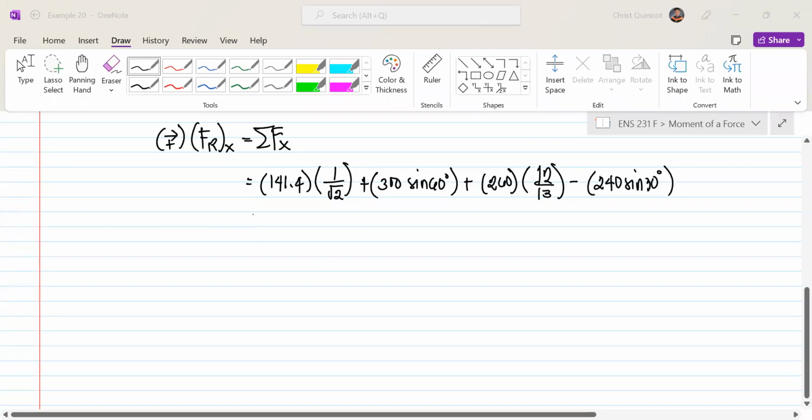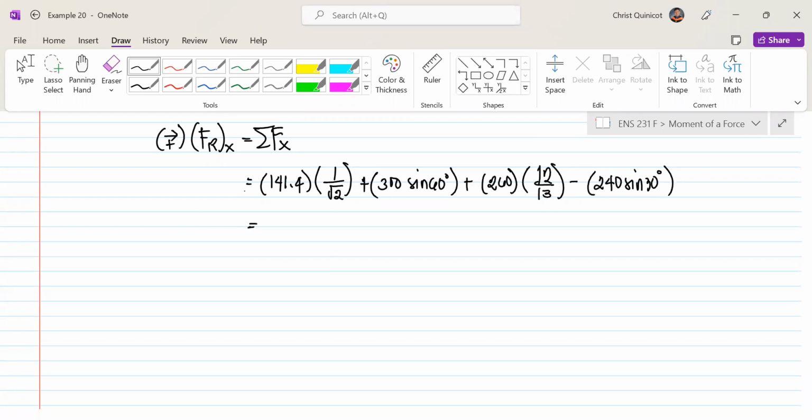Now this is equal to 141.4 divided by square root of 2.